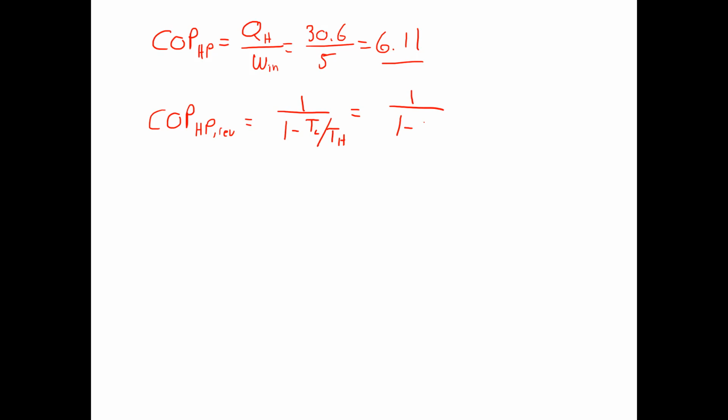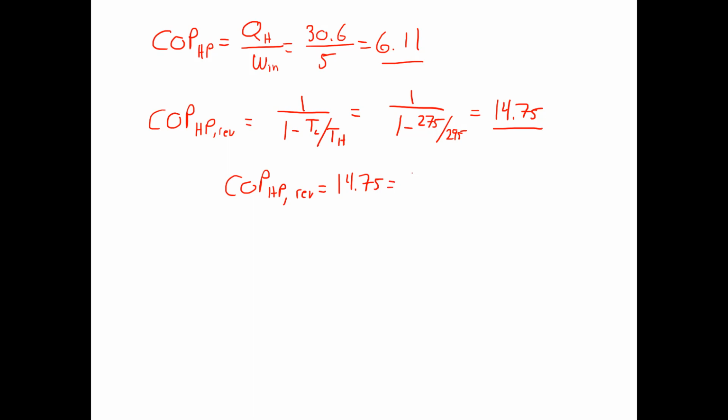The cold reservoir, which is 2 degrees Celsius, would be 275 Kelvin, and the hot reservoir at 22 Celsius is 295 Kelvin. We would find that the reversible coefficient of performance is 14.75.